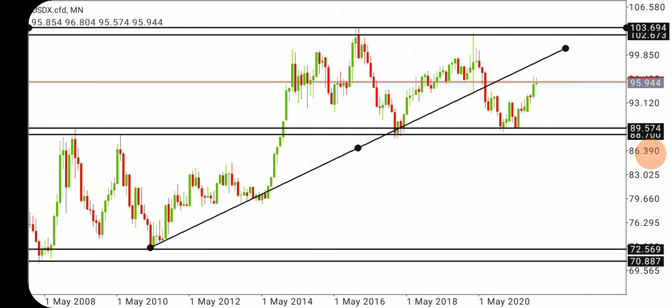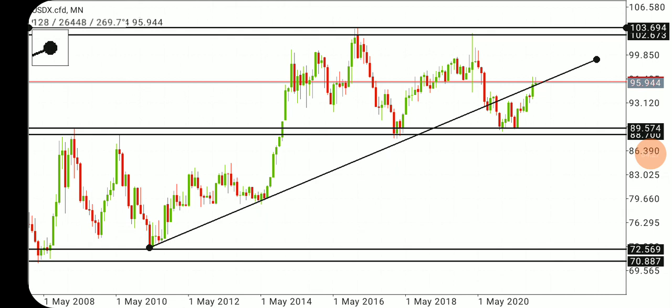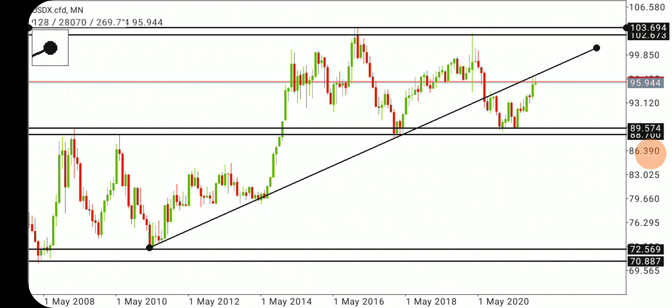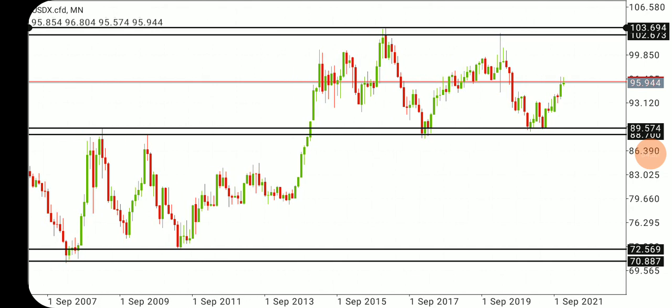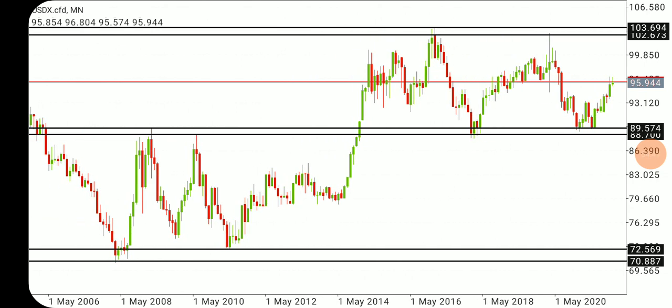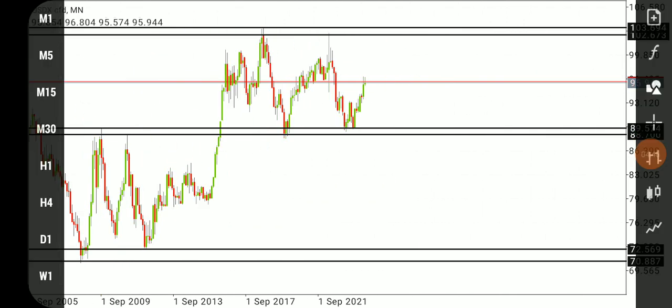I hope you all see what I'm trying to get removed, because it doesn't want to be in the right direction. So this is what we have on the monthly time frame. We'll quickly go down all the way to the smaller time frames.